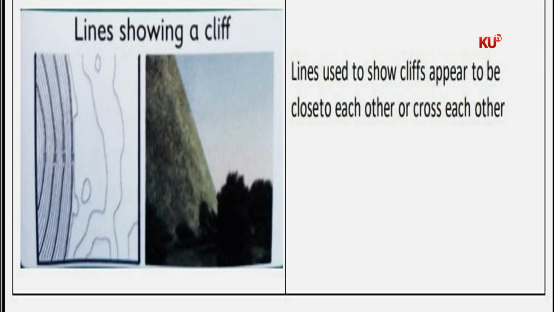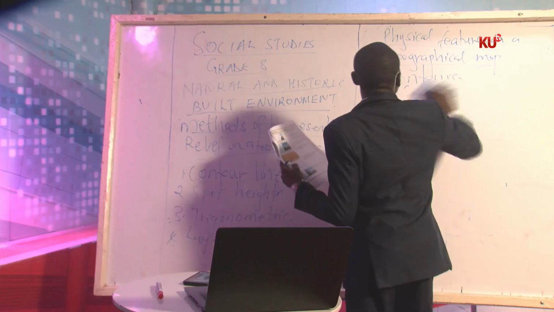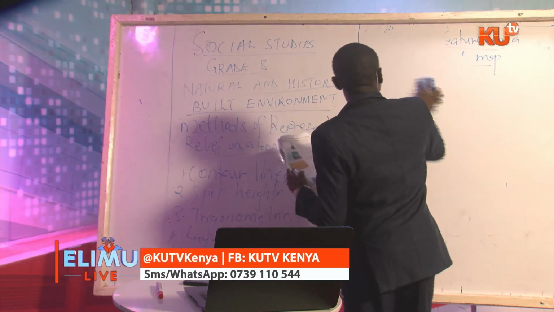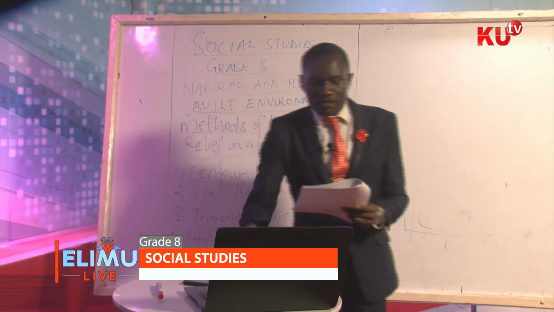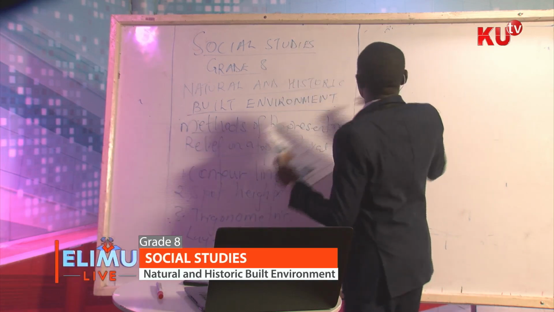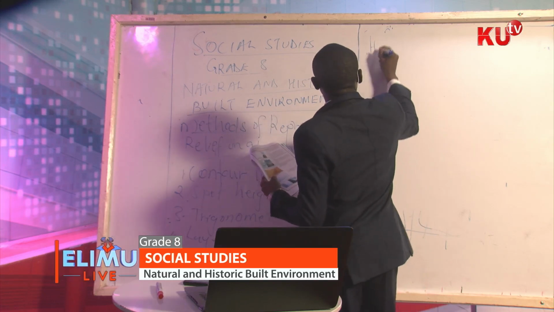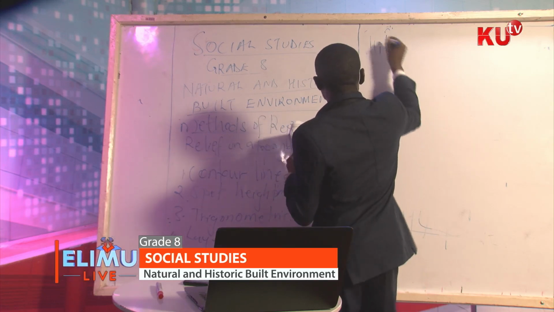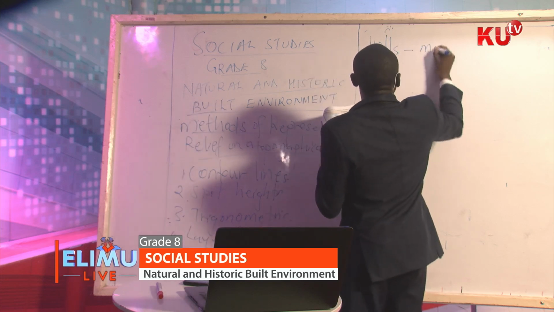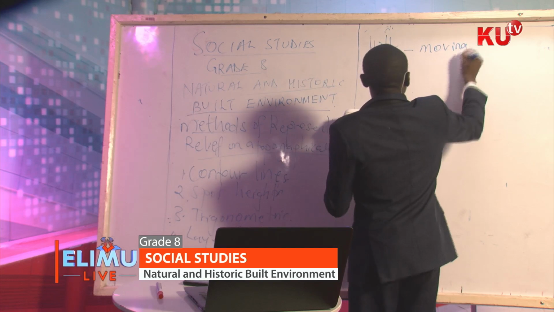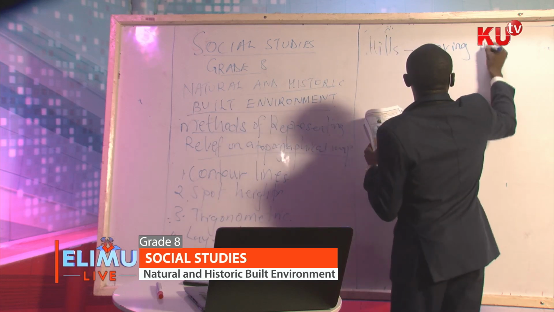As we said, depression is hachures. Again, let me give you a summary. Hill: if you want to know a hill or hills, the lines are moving towards the center.